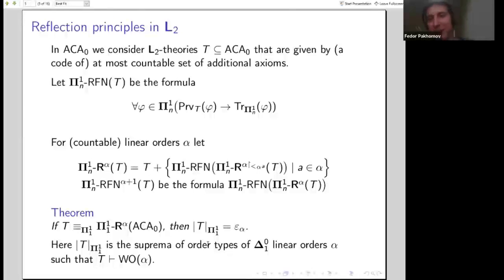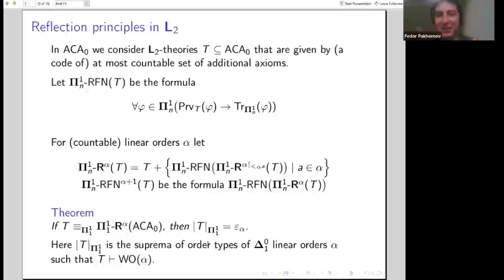This Π11 reflection is something very weak, so it's natural to think that if we add this Π11 reflection to ACA naught, it is the smallest kind of step that could be done over ACA naught. And of course, it's very easy to show that the proof-theoretic ordinal of any theory extending ACA naught is an epsilon number.